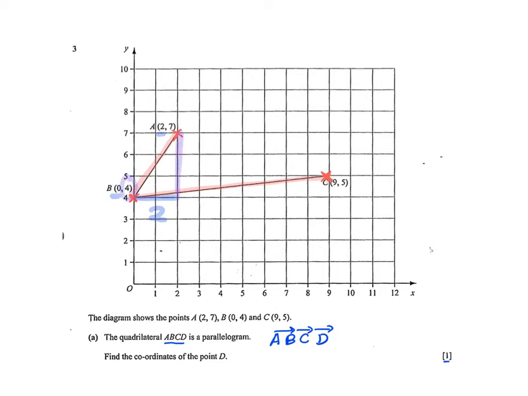The y coordinate is 4, now it's 7. How many units did I shift upwards? 3. Now please do not just count the squares, because one square may sometimes represent 2 units. So we don't just count the squares and add the units. We need to look at the actual x and the actual y numbers.